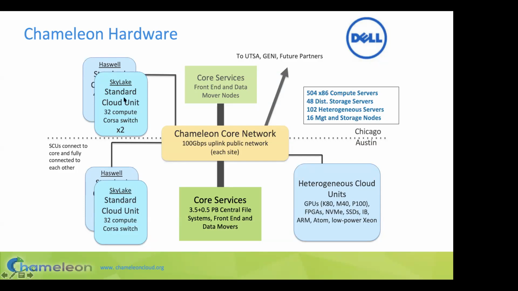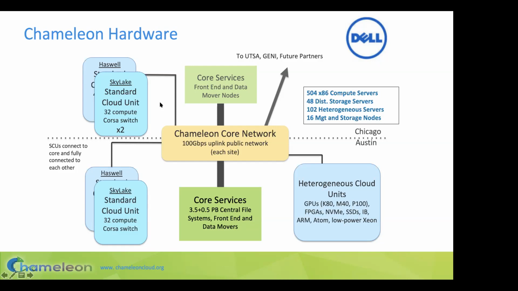And these racks of computers are specialized, not just in that they have the more advanced Skylake Xeon processors, but they also have at the top of the racks these specialized Corsa switches, which allow us to create isolated OpenFlow switches for the users. We'll get a lot more into that later, so I won't go too much into it right now. But just know that if you're doing the OpenFlow experiments, you have to use these Skylake nodes, not the Haswell nodes, because the Skylake nodes have the Corsa switches.